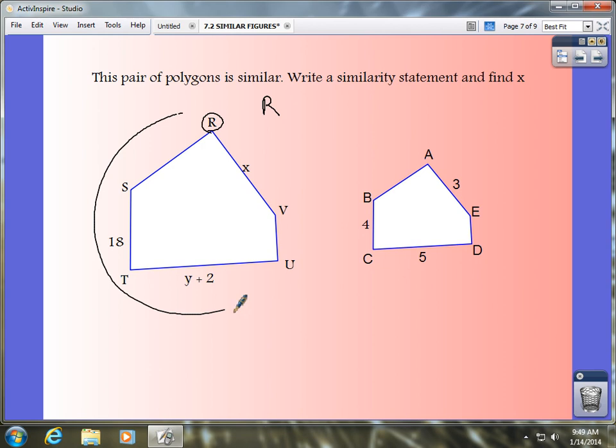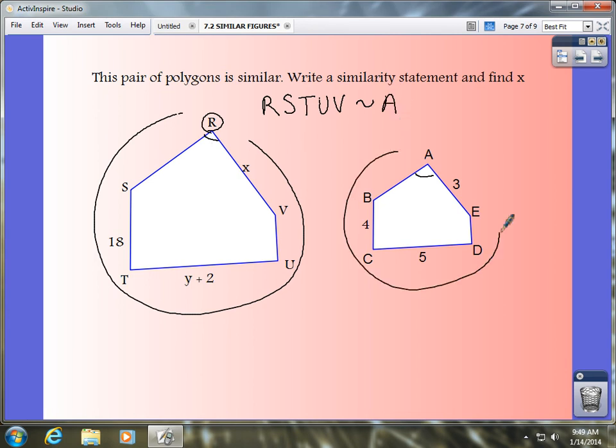I want to go this way. I have R, S, T, U, and V is similar, and I have to start with the corresponding angle. In this case, the corresponding angle over here is A, and because I worked counterclockwise, I have to work counterclockwise again. So A, B, C, D, and E.